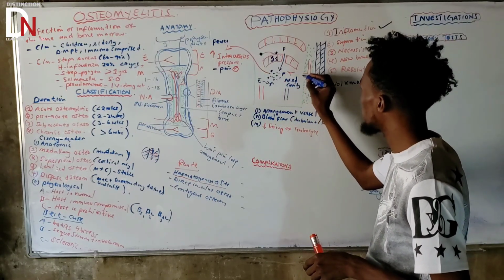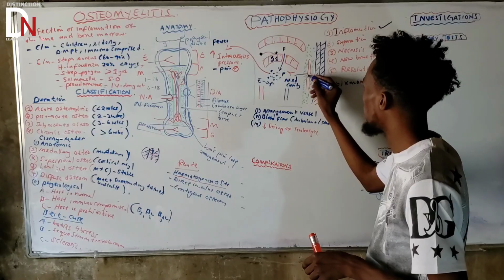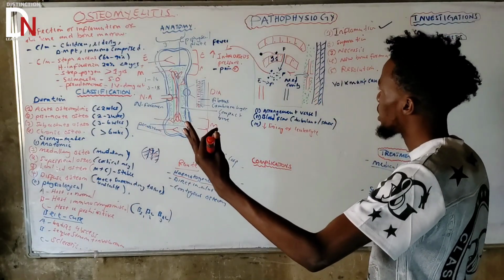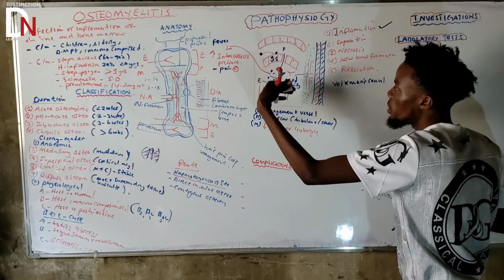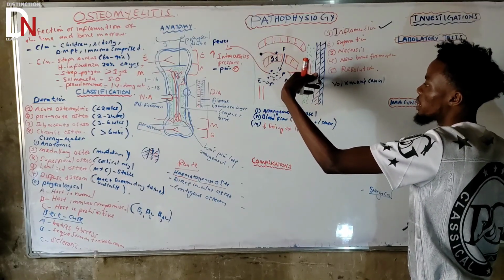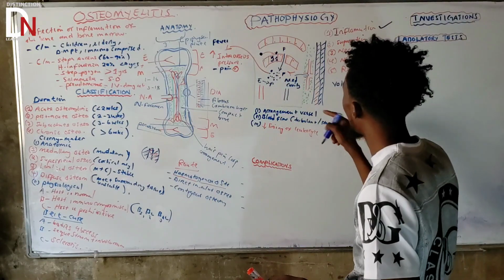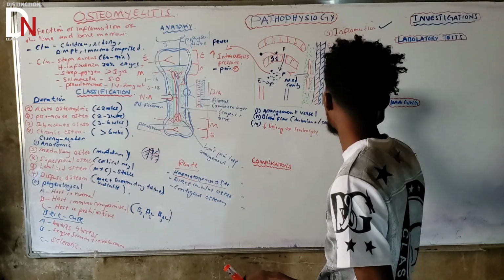This fluid will start going into Volkmann's canal, because the bone can't expand. The fluid will start escaping from the medullary cavity into Volkmann's canal.